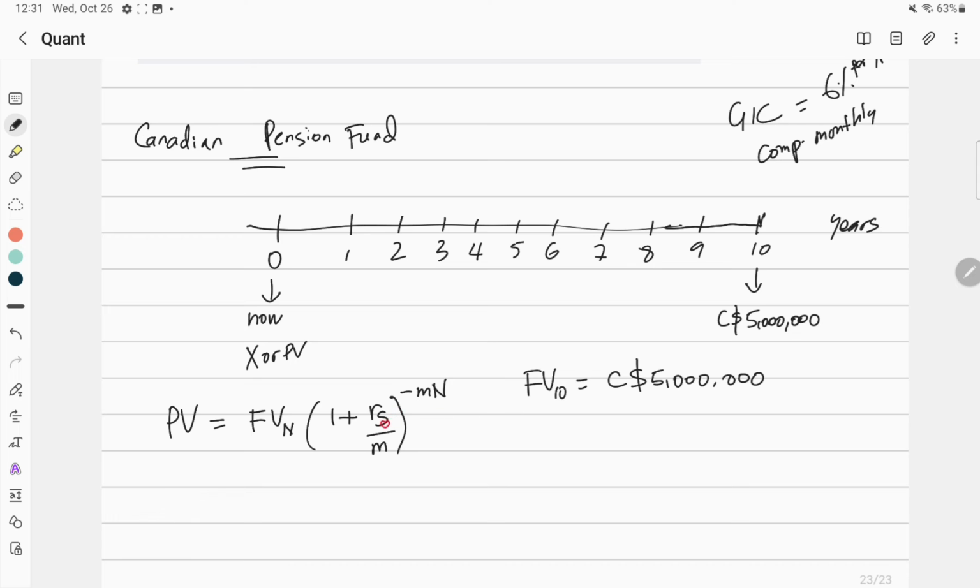What else do we know? The stated annual interest rate is 6%, or 0.06. Whatever money she puts into this GIC investment is going to be compounded 12 times a year, so the number of compounding per year is 12, and our n is, of course, 10 years.